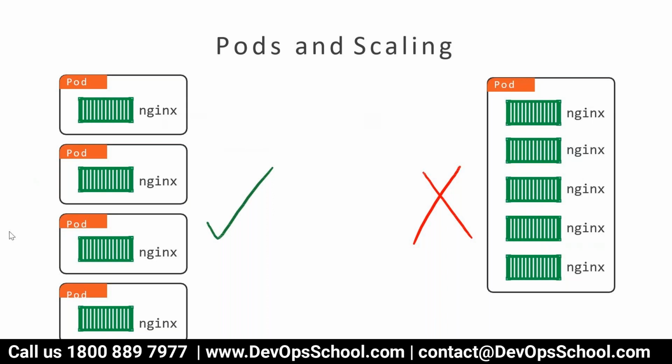If you run five nginx inside a pod, you can refer to only one container out of the pod, not all of them. If you want to run multiple similar containers, you should have multiple pods for it.